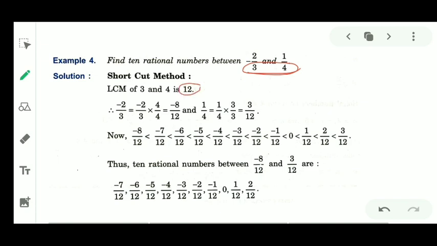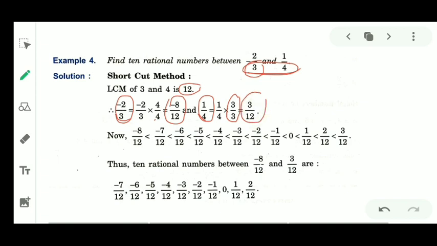So you have to make the denominators equal in both rational numbers. For -2/3, multiply both numerator and denominator by 4. Then we get -8/12. Then in the rational number 1/4, we multiply both numerator and denominator by 3. Then we get 3/12.